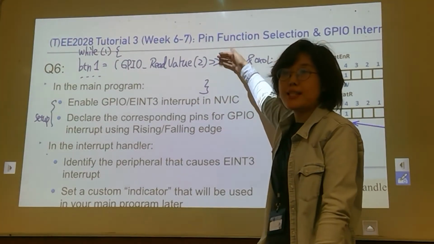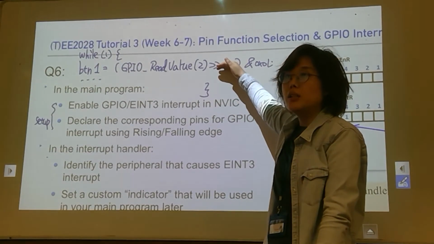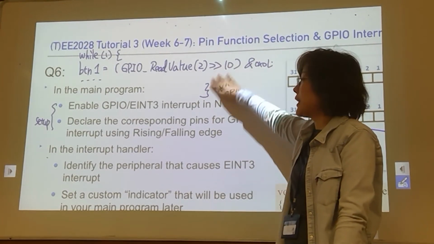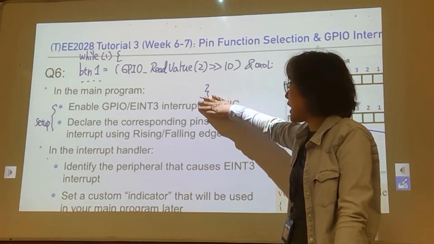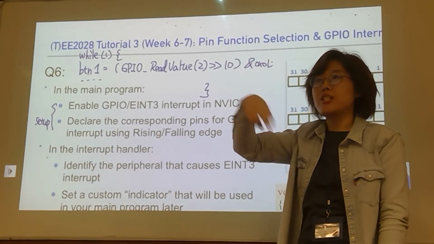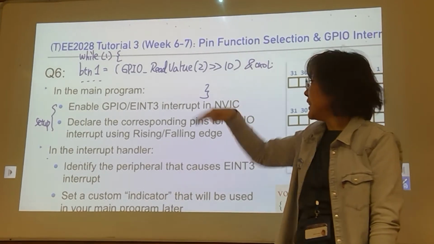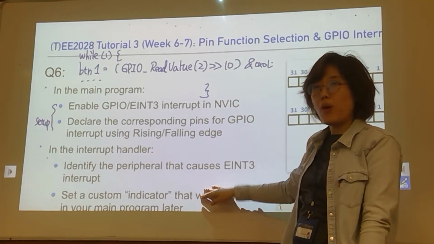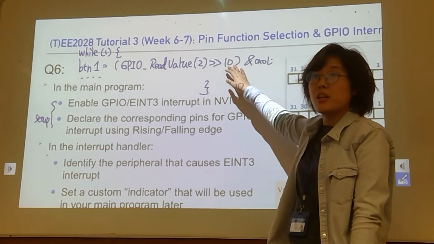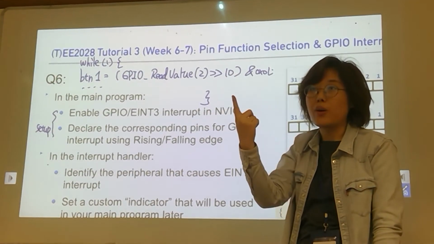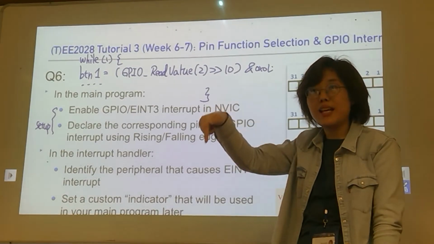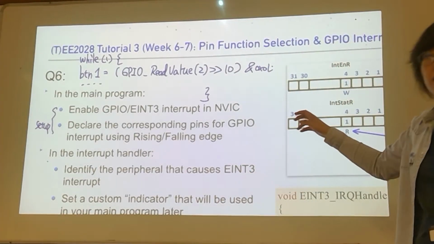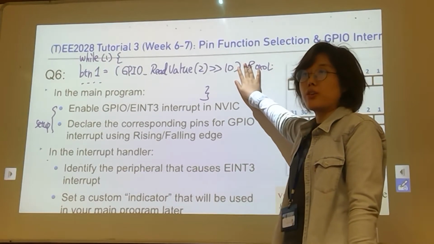How fast you can sense your push button depends on how long your program is in the while one. Let's say your while one finishes very fast, in 1 second, which means you are able to sense your push button every 1 second. But if this part is very long, say 1 hour, the sensitivity of your push button is 1 hour. To sense the next press, you need to hold for 1 hour and then it gets captured. So this is the disadvantage of regular routine.